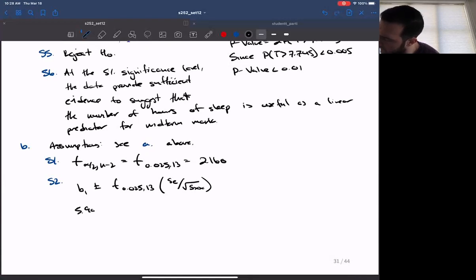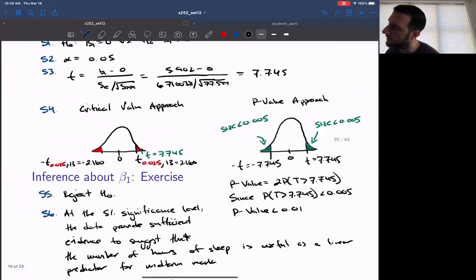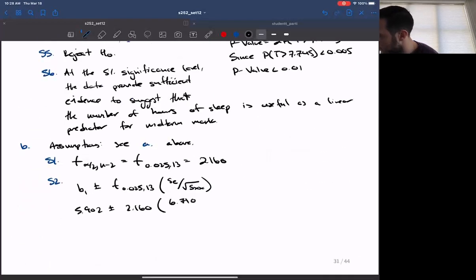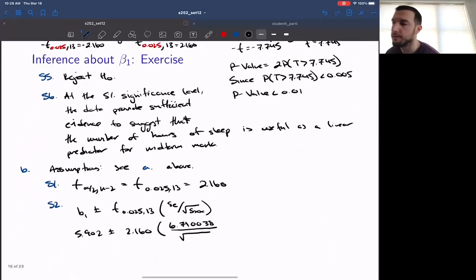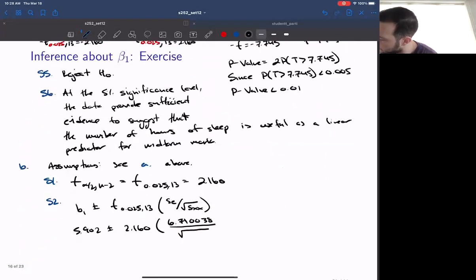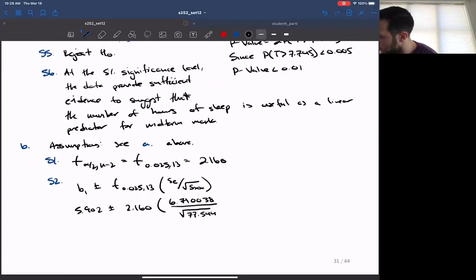So this is 5.902 plus or minus 2.160 multiplied by 6.710038 divided by the square root of 77.544. Okay, so if we work this out, we should get 4.256 to 7.548.